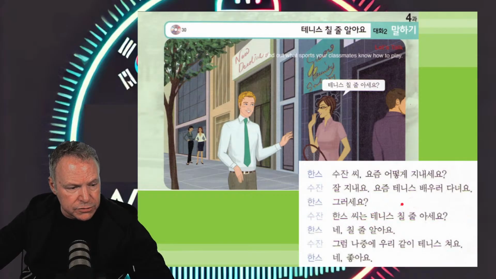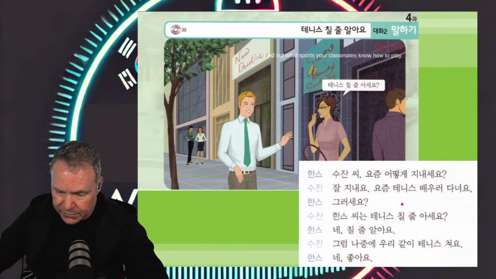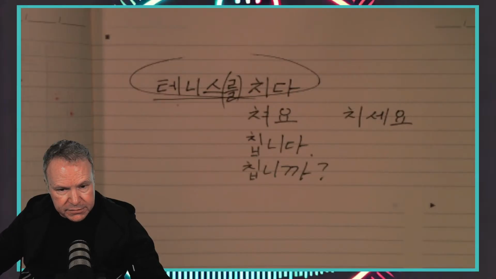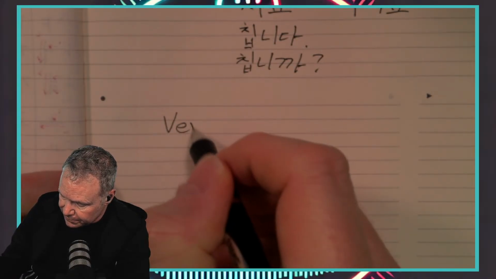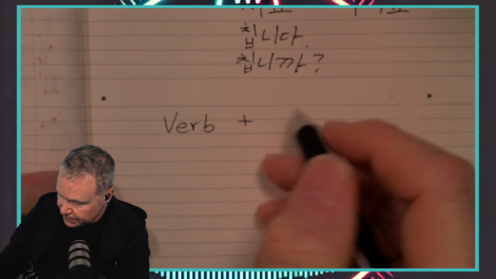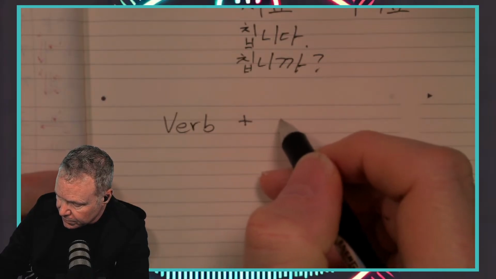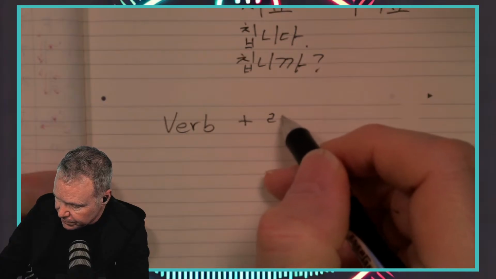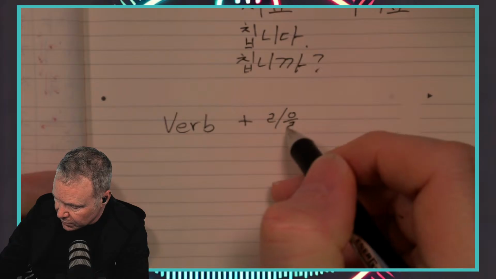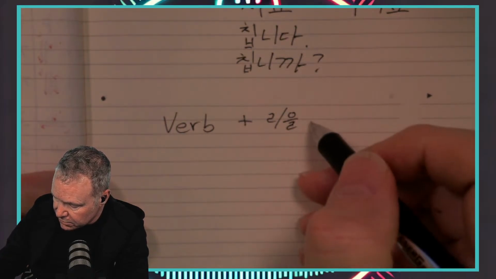All right, what more on that one? Yeah, the ㄹ 줄 알아요. Let's go back to this for a minute. So when we're talking about ㄹ 줄 알아요, we're taking verb plus either just the ㄹ or 을.